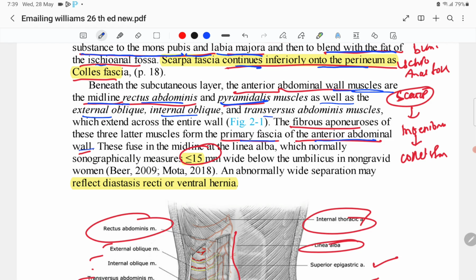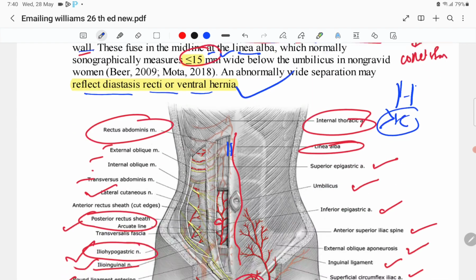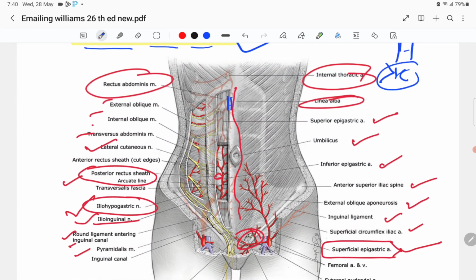They are fused in the midline at the linea alba, which normally measures less than 15 mm. If you get more than 15 mm between the linea alba, it is called diastasis recti, and the chances of ventral hernia will occur.